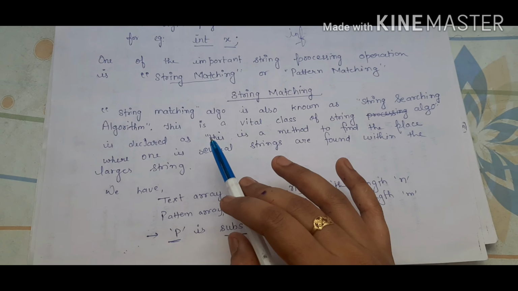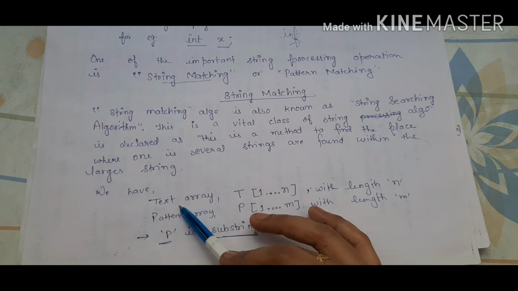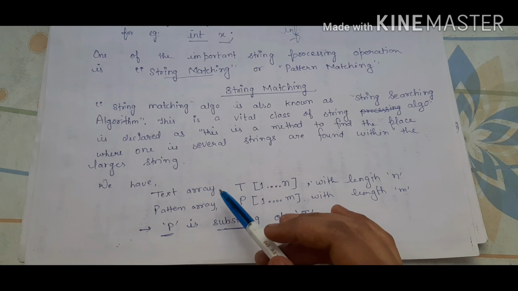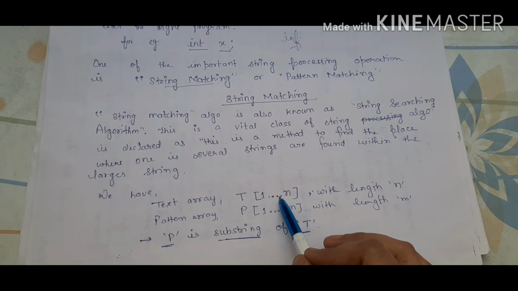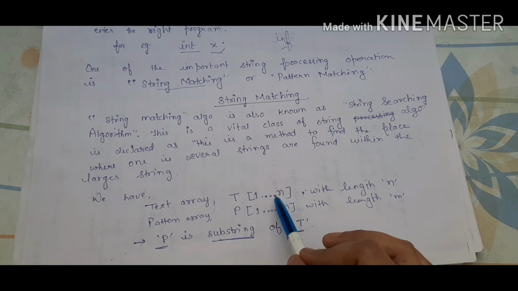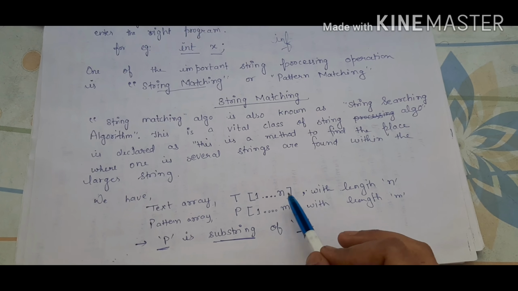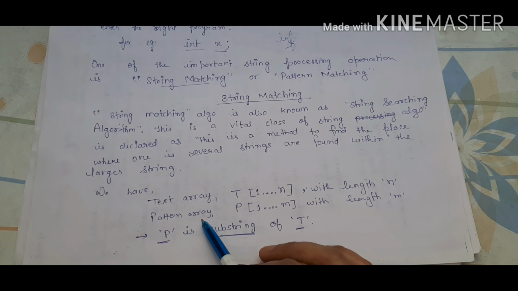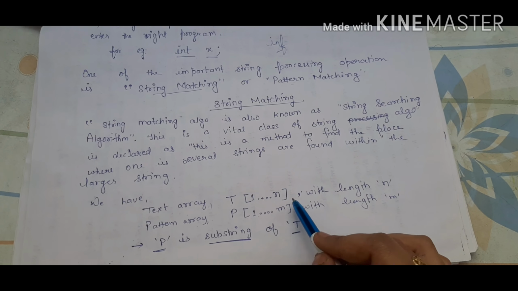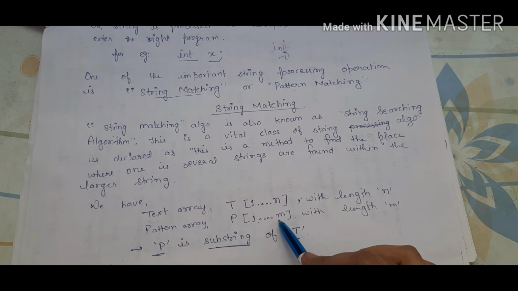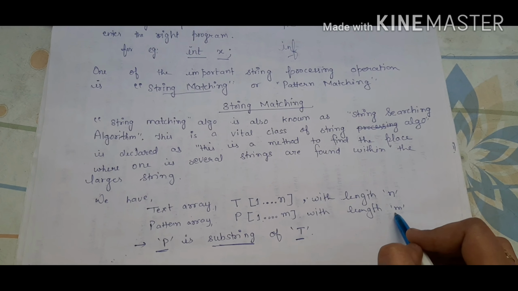String matching means we are given a text array. String is also a text array. We are given a string t with length n, that is 1 to n, and a pattern array p whose length is 1 to m.